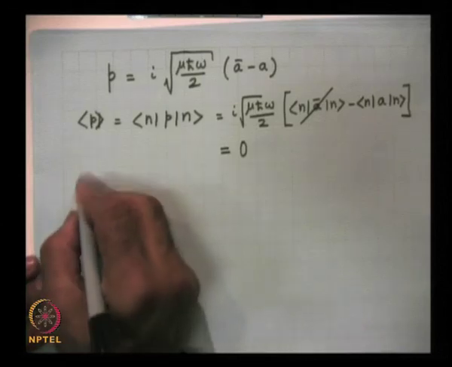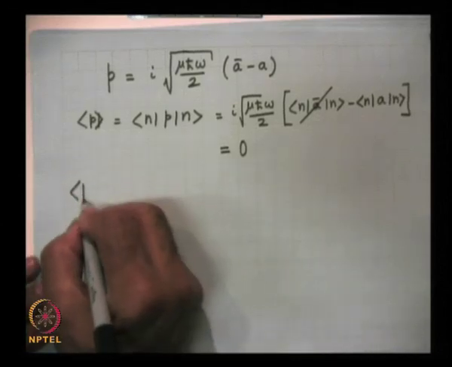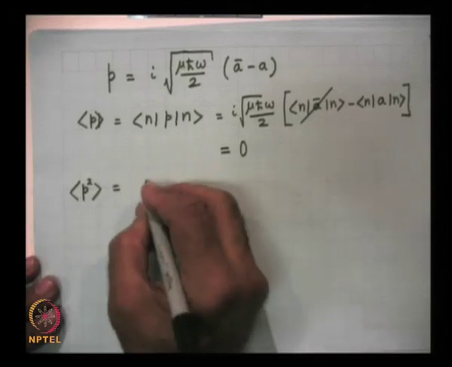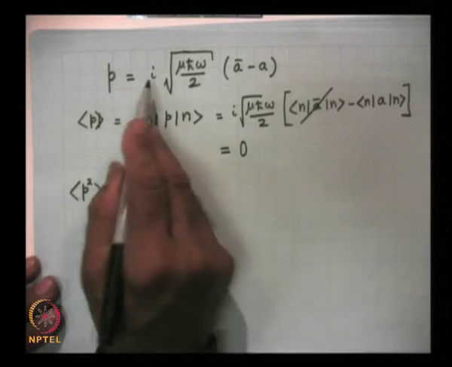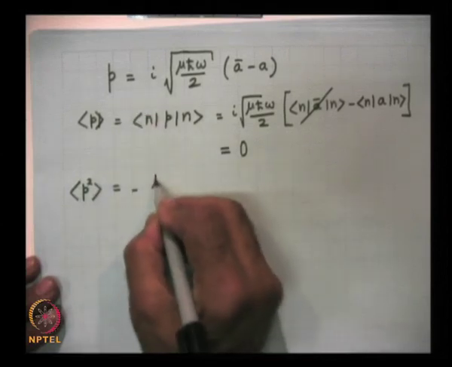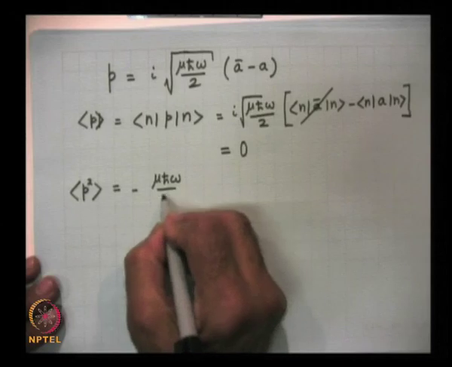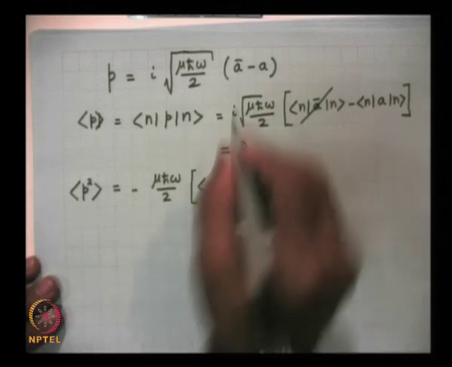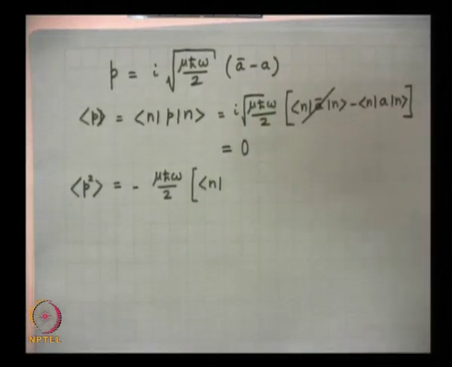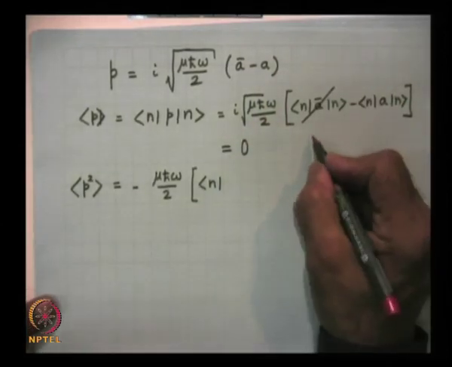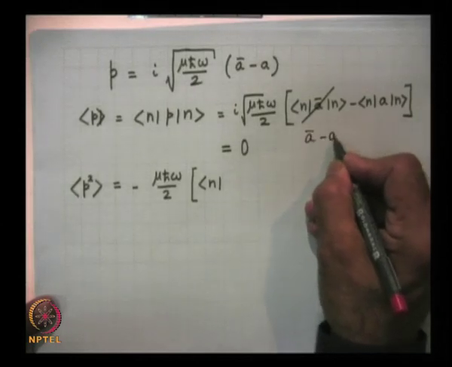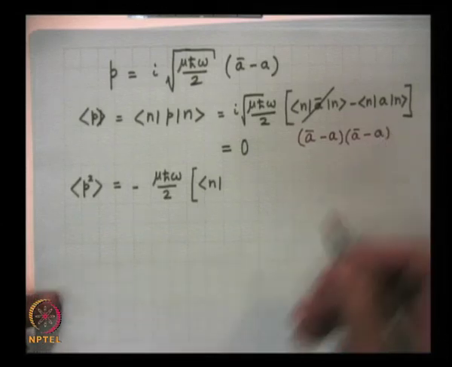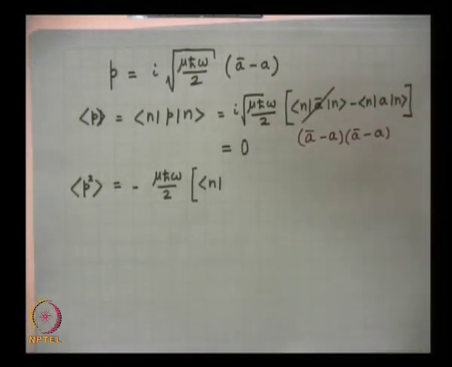And the second one is equally straightforward. So, P square will be equal to n P square n. So, if I square this, I will get minus mu h cross omega by 2, and then there will be 4 terms in n, if I multiply A bar minus A with A bar minus A. So, once again we have to be very careful and write them in proper order.